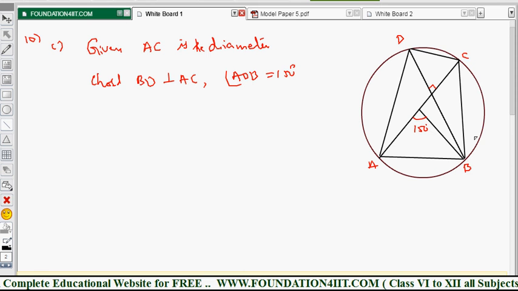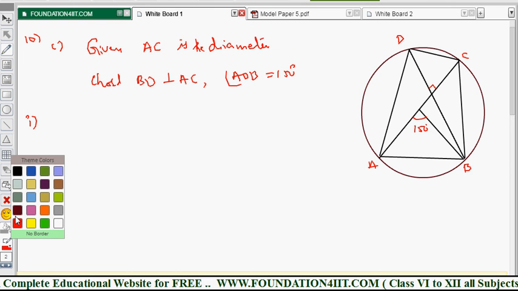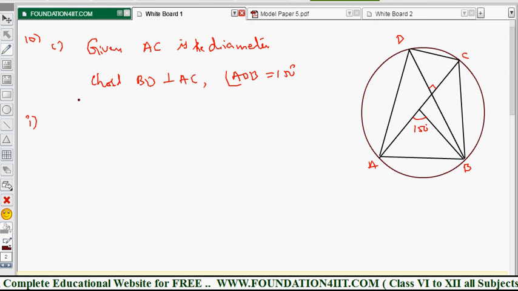Now first we need to find out angle ACB. This is 150 degrees, this is center O, and let's take this point here. So AOB is 150 degrees, that means the angle subtended at the center is double the angle subtended at the remaining part of the circle.